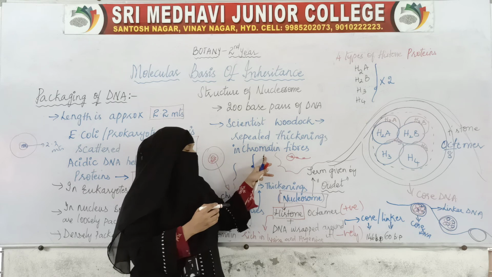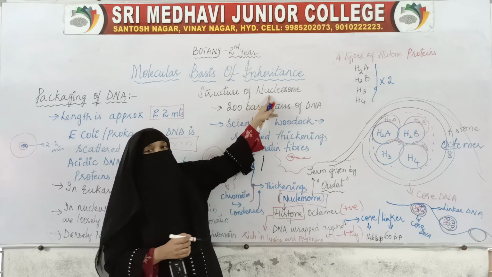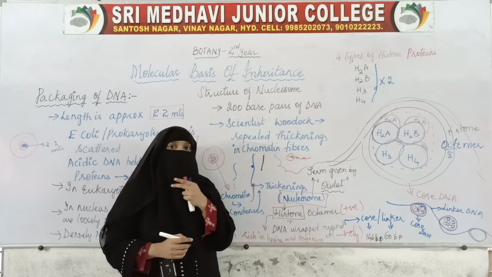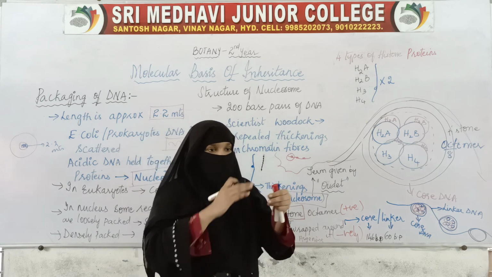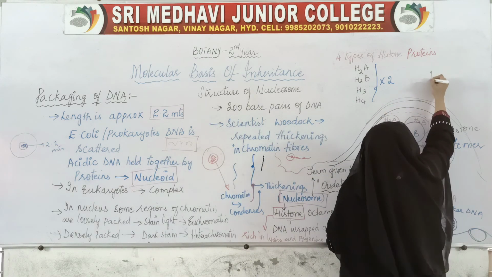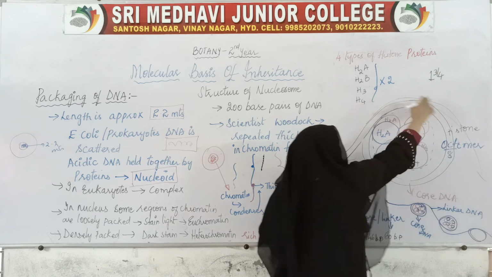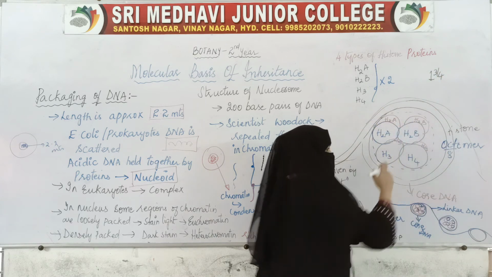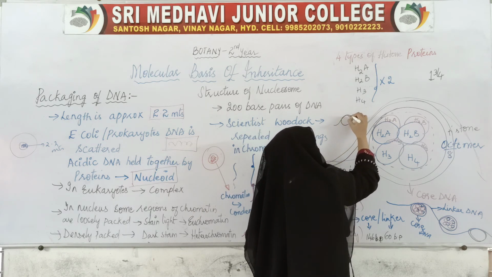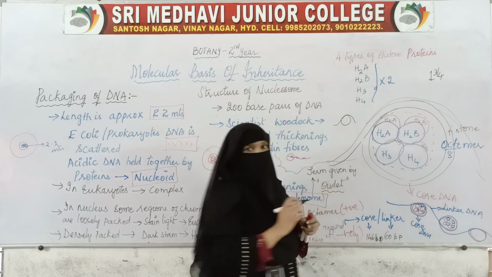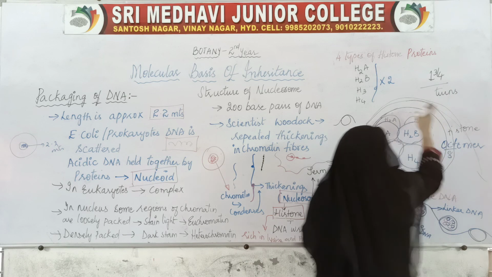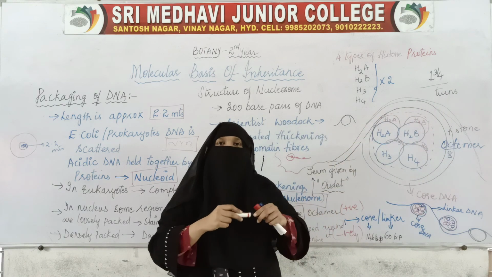So these thickenings are basically nothing but the nucleosome. Each nucleosome consists of a histone octamer plus DNA wrapped around it. For wrapping, the DNA takes one and three-fourths turns around this histone octamer.